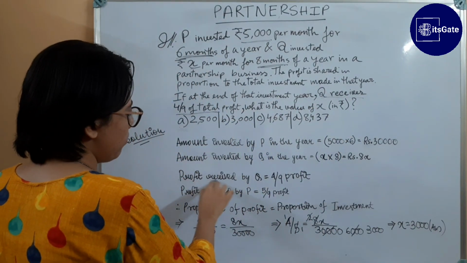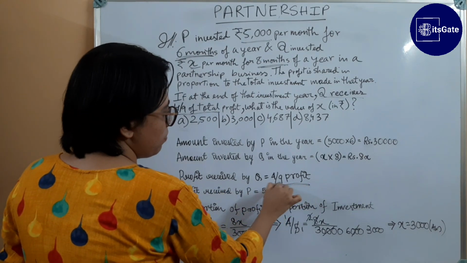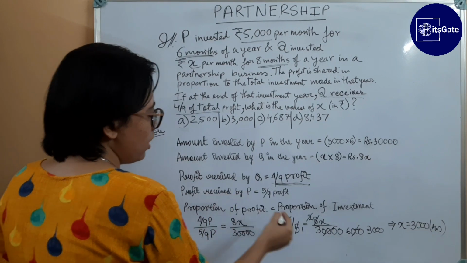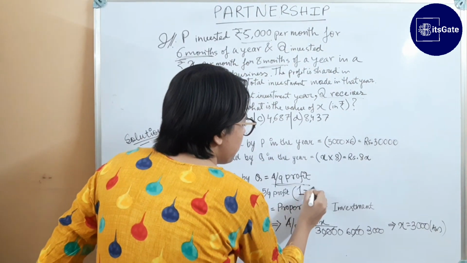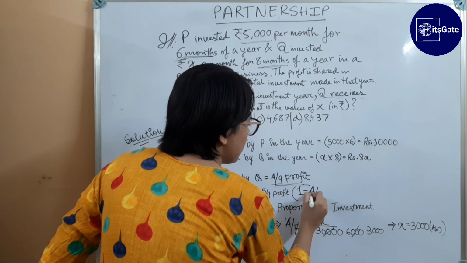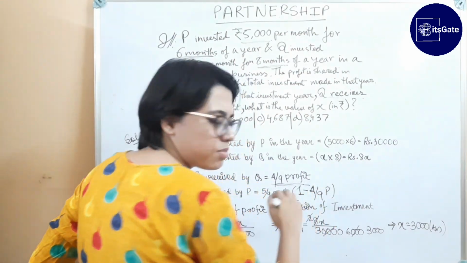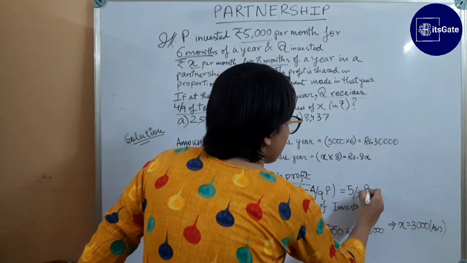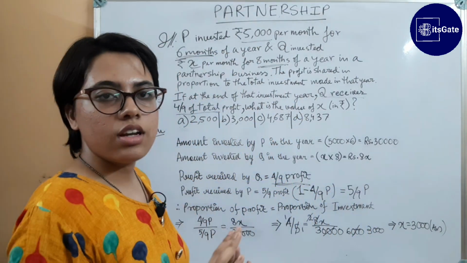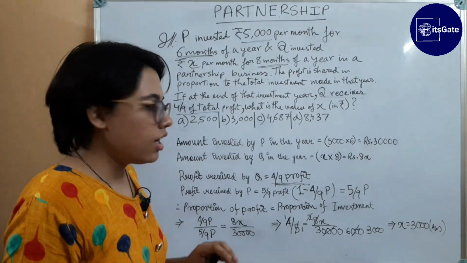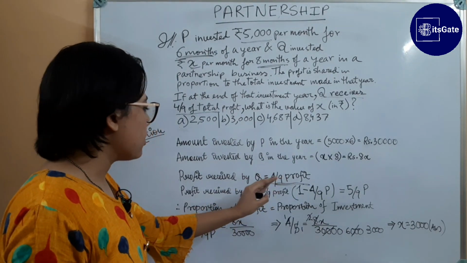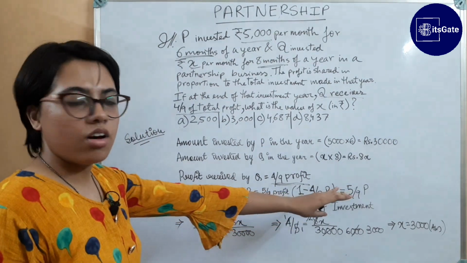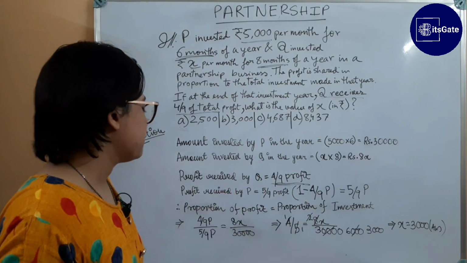So the profit received by Q is 4/9 of the profit. Now the profit received by P will be 1 minus 4/9 of the profit, so it will be 5/9 of the profit. 1 because the total profit we will assume it as 1, and 4/9 of the total profit is received by Q, and hence 1 minus 4/9, that is 5/9 of the profit is received by P.